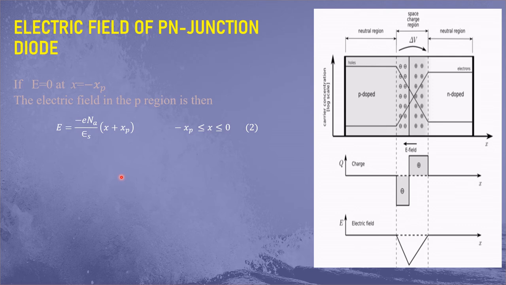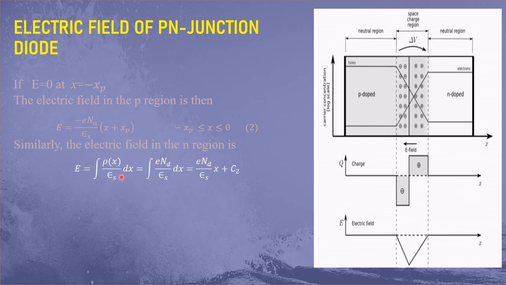In the same manner, if we consider the N region, how can we determine the electric field? Similarly for the N region, the electric field is E equal to the integral of rho x by epsilon s dx.